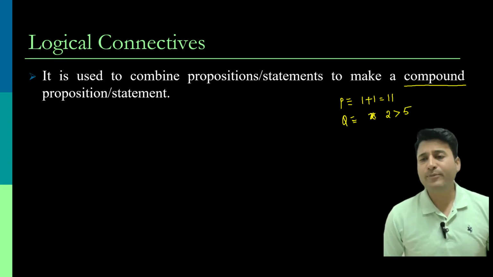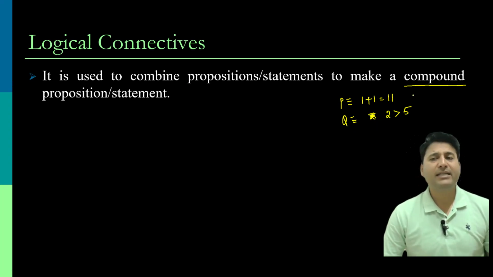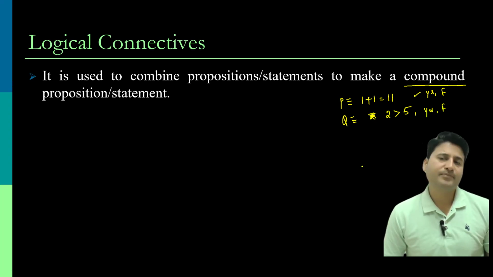So we have two propositions. First, make sure you are able to decide whether they are propositions or not. 1 plus 1 equals 11, yes, it is a proposition, truth value F. 2 is greater than 5, is it a proposition? Yes, the truth value is false.